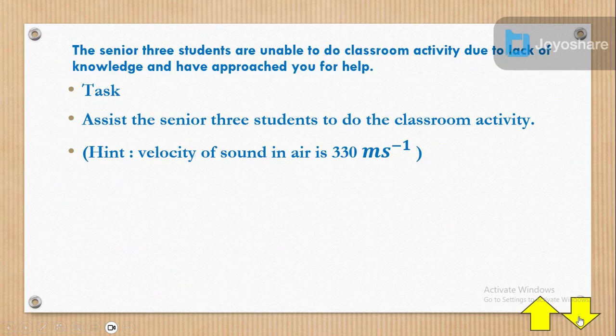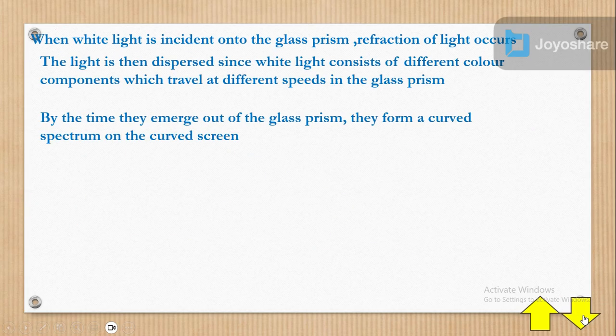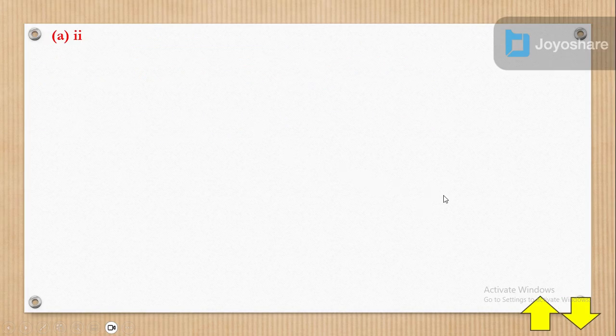Okay, let's begin from here. That's question number 2.